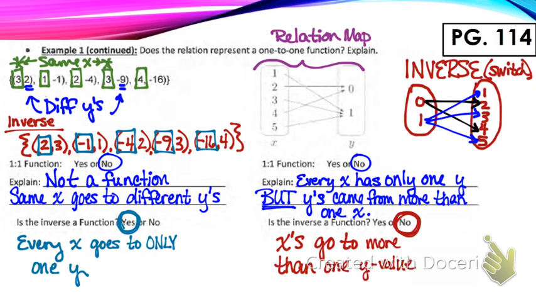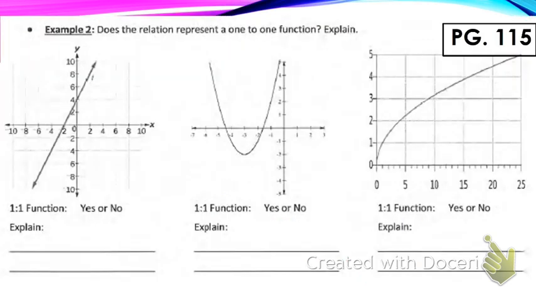All right, we're going to switch the page over to 115. We're going to look at these graphs and determine whether or not they are one-to-one functions. When I'm looking at graphs, what should I use to help me determine whether it's a function and then whether or not it's one-to-one? Does anybody remember?